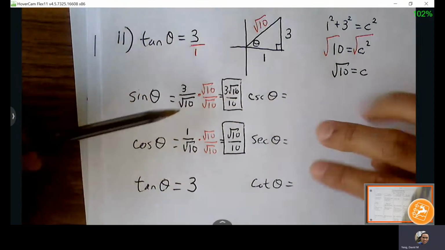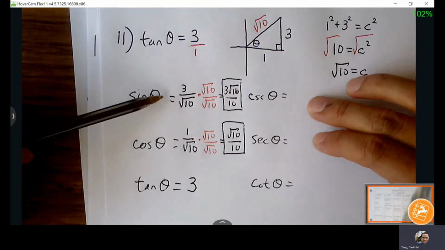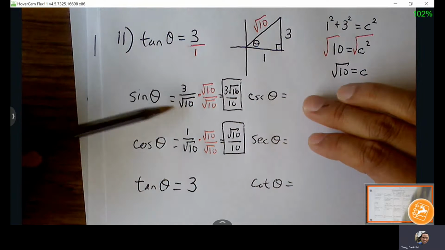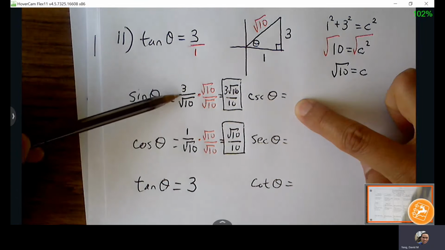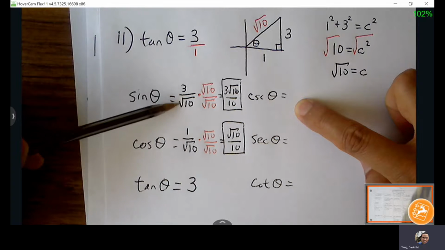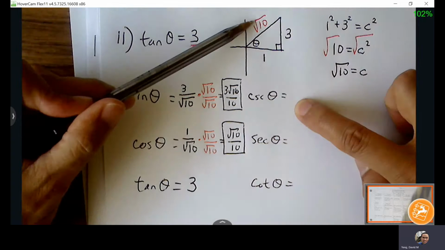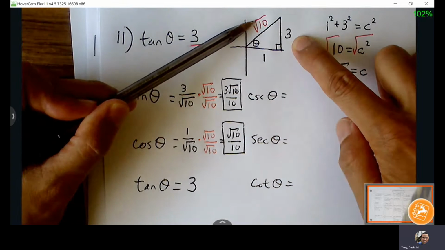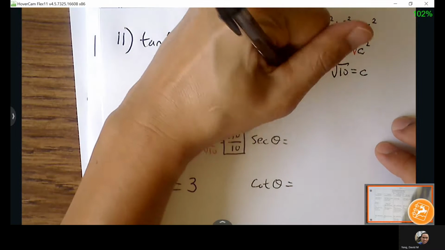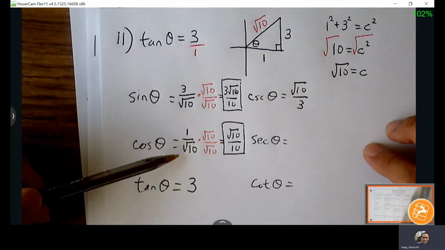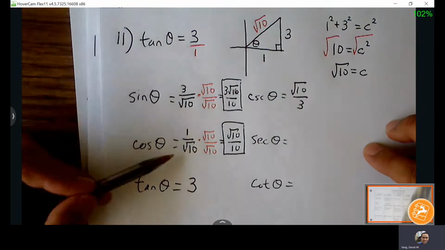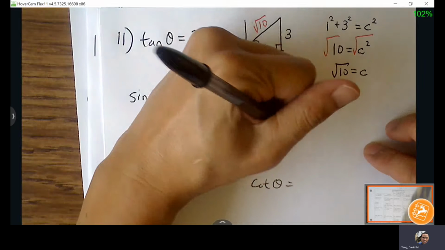Now we can just flip the corresponding ratios to find cosecant, secant, and cotangent. For cosecant, I'm going to take my original sine and flip that. Think of it as hypotenuse over opposite. Secant is hypotenuse over adjacent, or flip that cosine around.